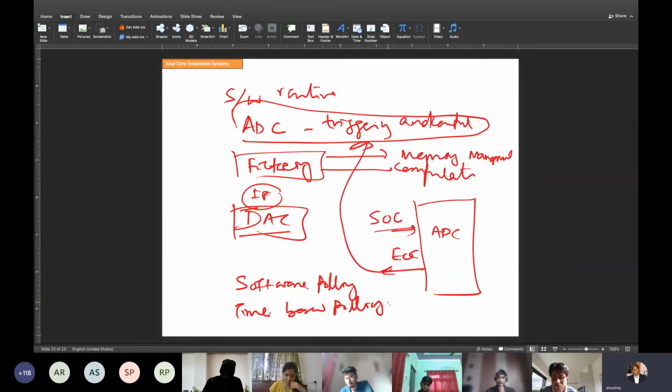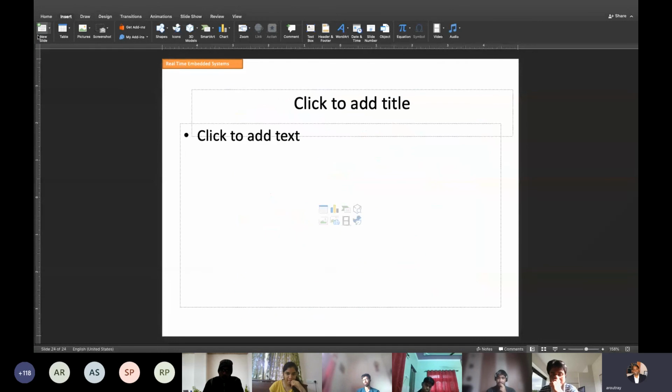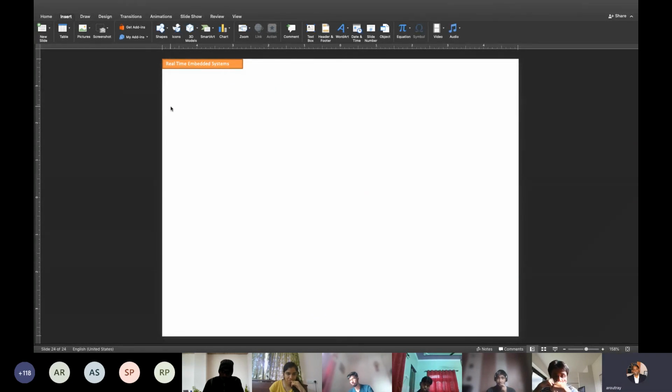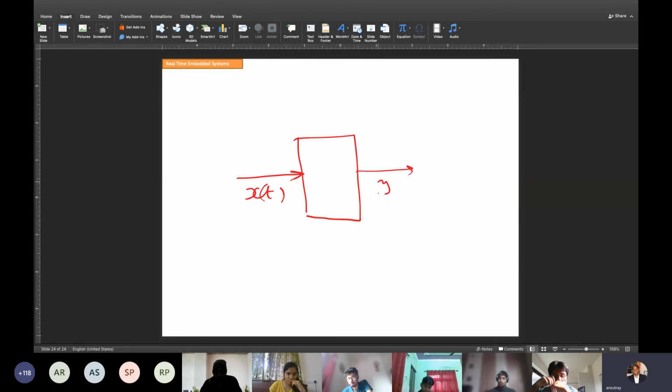This is a digital filter which when it is manufactured would look very compact. Have you seen digital filters? It will look like this. Inside this everything is there. So signal will go in, x of t, and signal will come out, y of t.